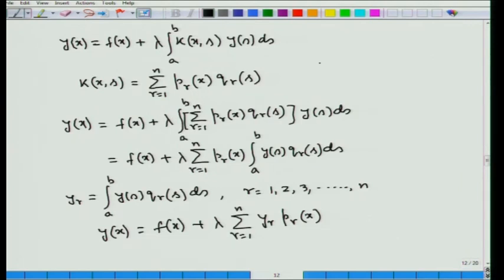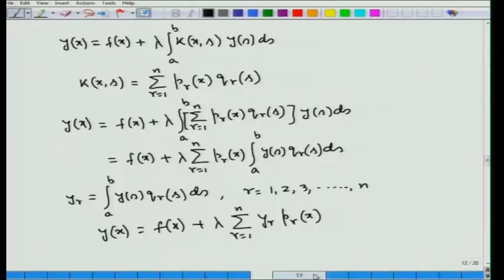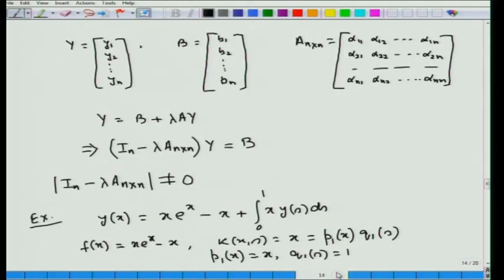Now, in case of this separable kernel, this integral equation can be converted into a problem of finding the solution of a system of linear equations, and depending upon the uniqueness of the solution of the system, which in turn depends upon the magnitude of lambda, there may be a unique solution, maybe no solution, maybe an infinite number of solutions, and we will have the corresponding conclusion for the solution of the Fredholm integral equation.